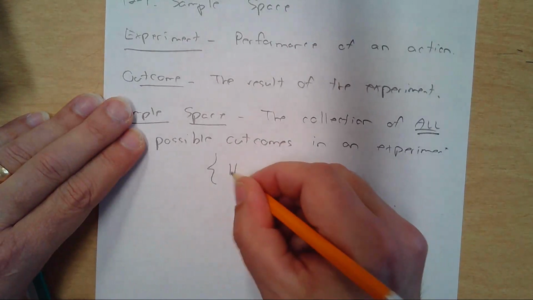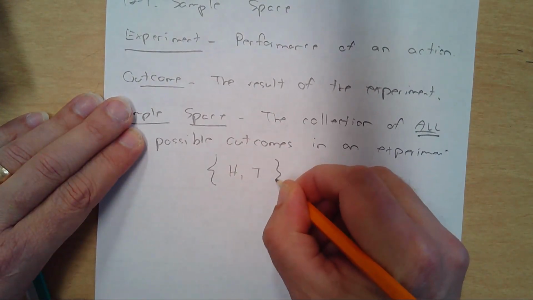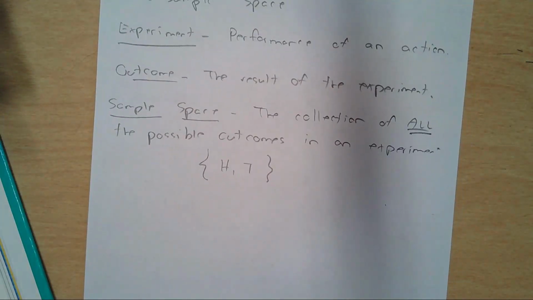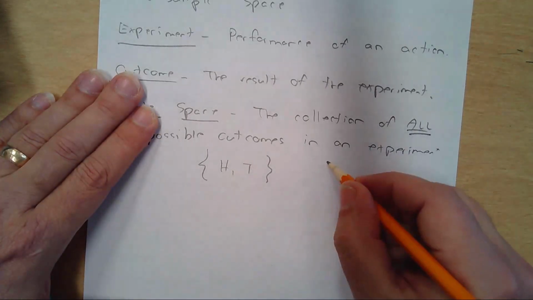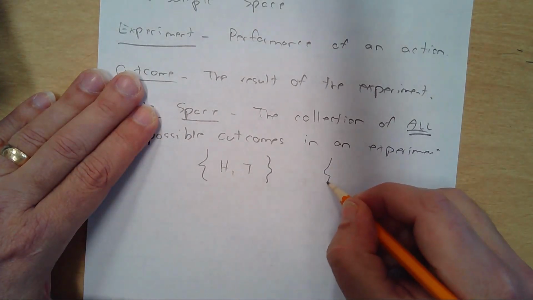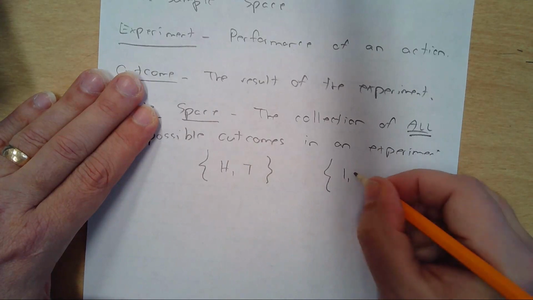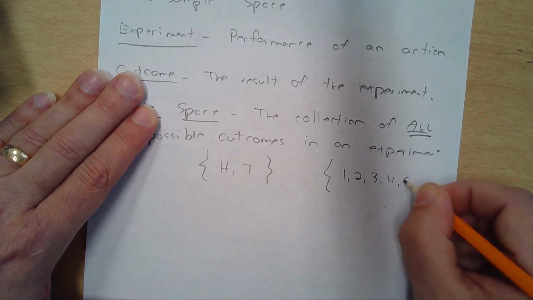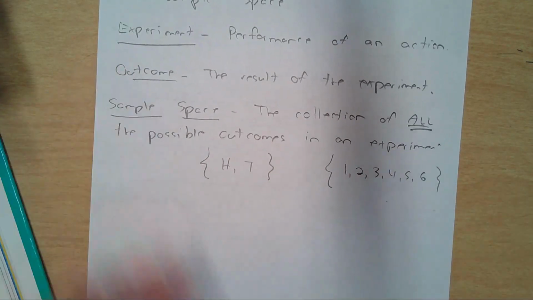Right, I could get a heads or I could get a tails. So if I rolled a die, I could get the 1, 2, the 3, the 4, the 5, and the 6. So whatever all the possible things that could happen are, go inside sample space. All the different outcomes that could occur.